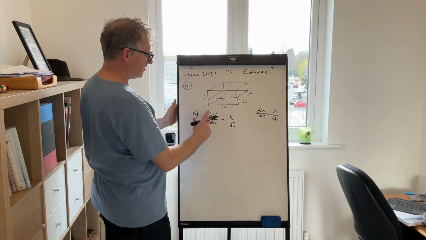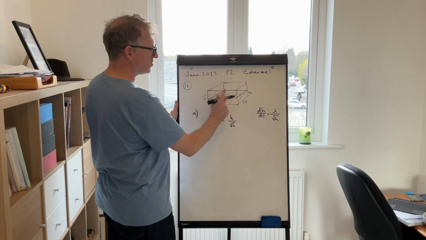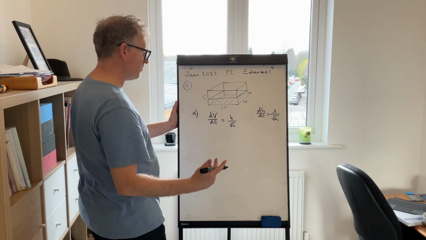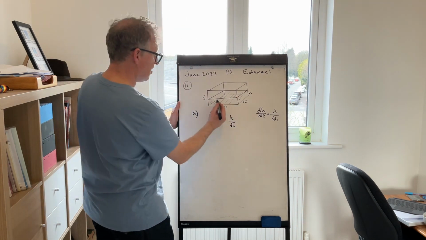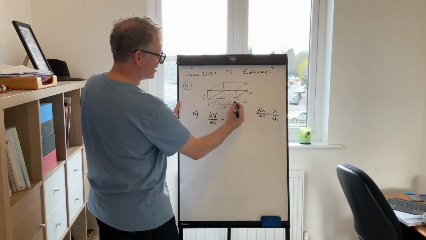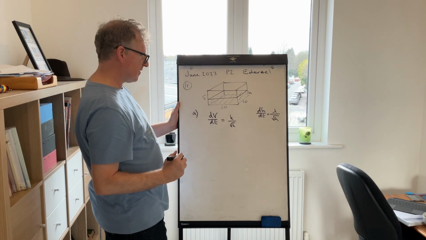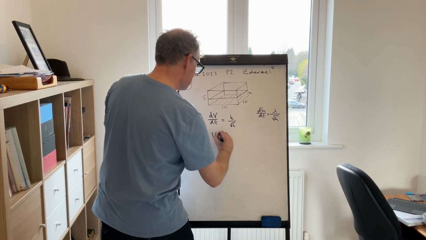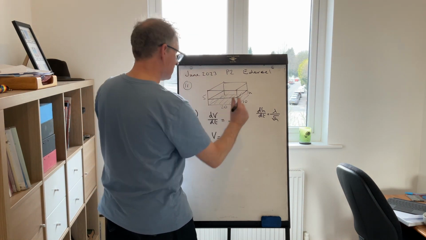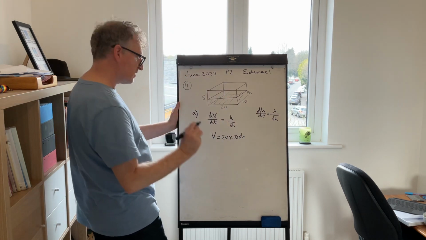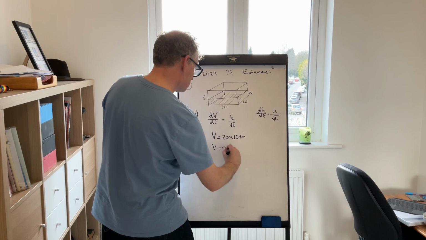In this case, the volume is all about how much water is in there, and there's a nice little formula for it. It's just a cuboid that's 20 by 10 by H high at that particular time. So we're going to use the fact that V equals 20 times 10 times H, so that is simply V equals 200H.